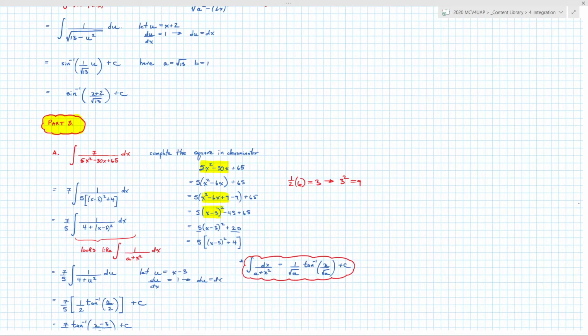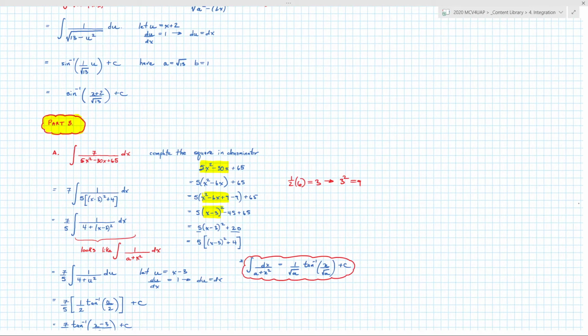I need to multiply it by the 5 in front, which gives me negative 45. And when I add the negative 45 and the 65, I get plus 20. So your second last step of completing the square then is 5 times x minus 3 squared plus 20.